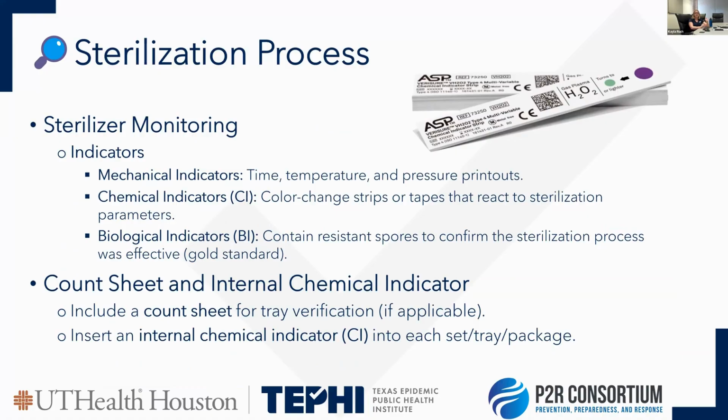And then also, where is this information being stored? Is it digitally uploaded? Do you have a binder in that area? You also have a log with the chemical indicators that I've already mentioned of being ran and your biological ones as well. Also with a count sheet, they know what goes in the sterilizer and what comes out, and then your internal chemical indicators as well too.